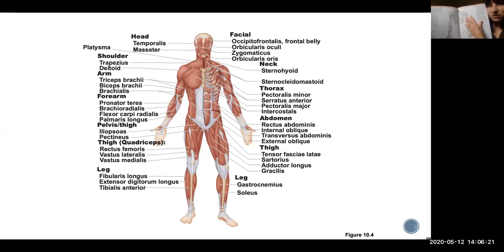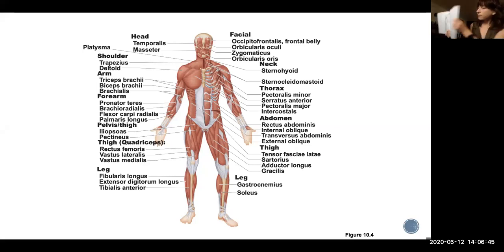All of the muscles on page 71, on the right side when you're looking at it, are muscles that you can only see once the superficial muscles are dissected away. So the brachialis is underneath the biceps brachii that you can see over here.